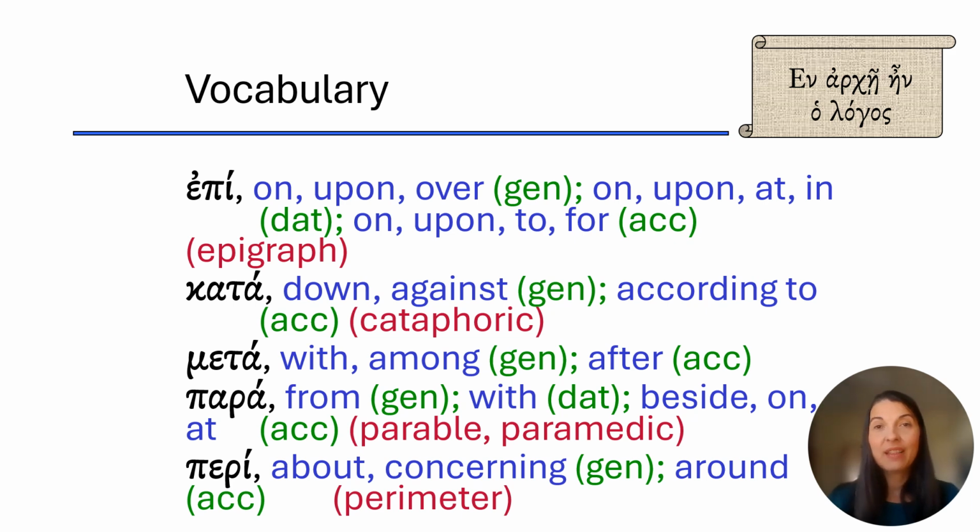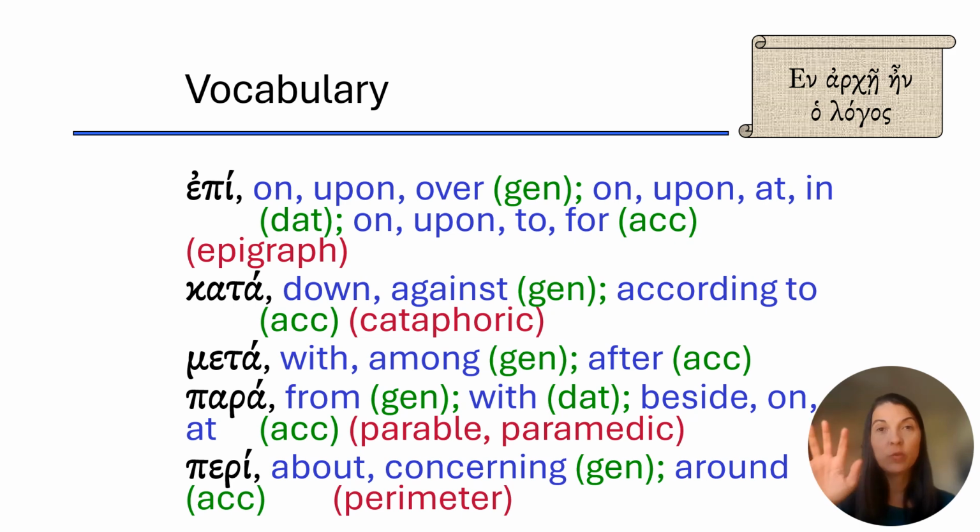For these, a lot of times I would write out a note card and label the front side with the vocabulary word, para, and then on the back side I would have genitive, from; dative, with; accusative, beside, on, at. I would keep them in the same order as my nominative, genitive, dative, accusative.